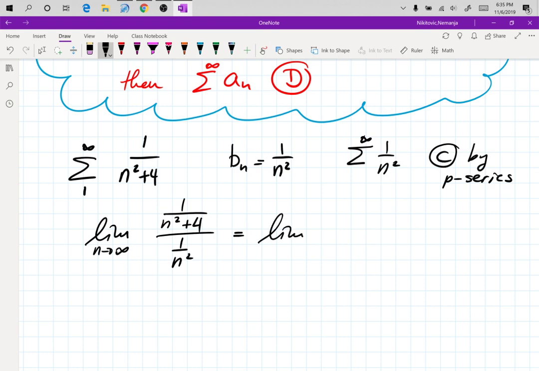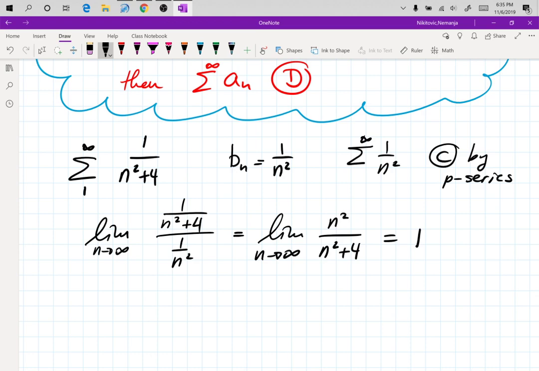And when we deal with a double fraction, we get n squared divided by n squared plus 4, which gives us 1. So we have a condition that this has to be a finite number, L, which is 1. That's awesome. And we have a convergence here.